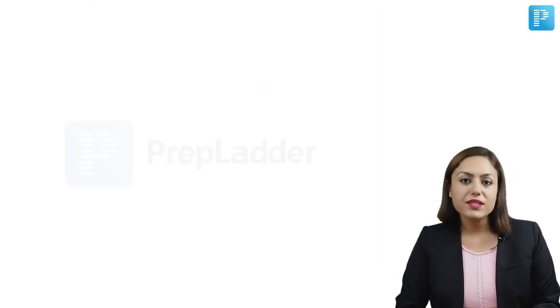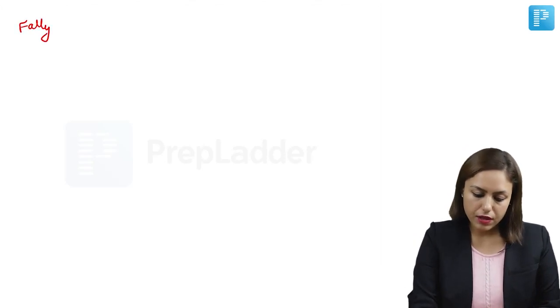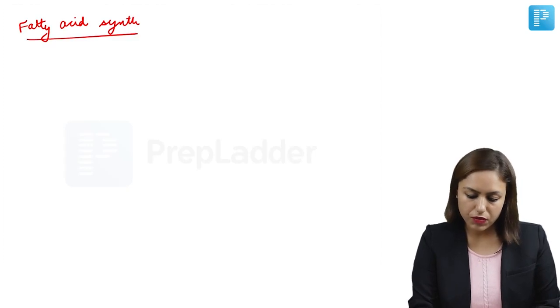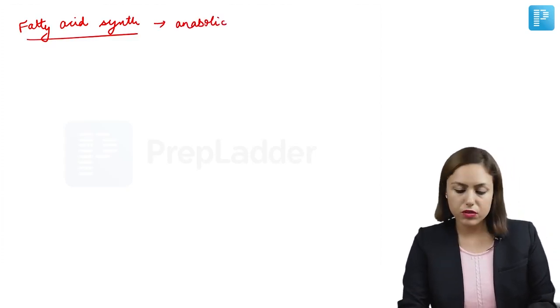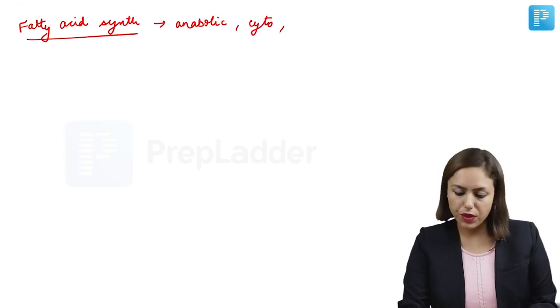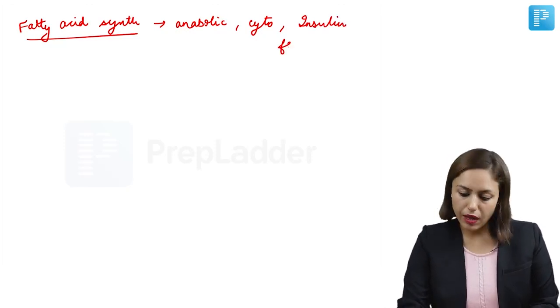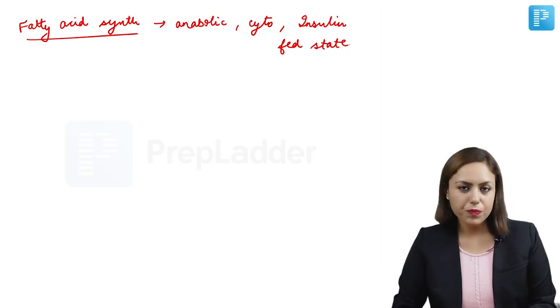Now our next topic is fatty acid synthesis pathway. Obviously it is an anabolic pathway. Any anabolic pathway occurs in the cytoplasm and it is activated by insulin, and it occurs in the fed state in the body, right?